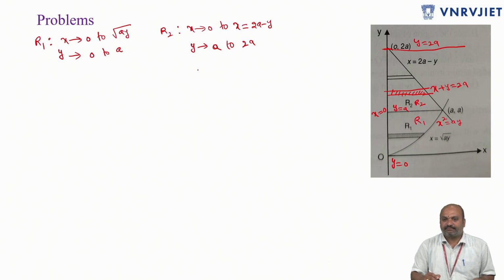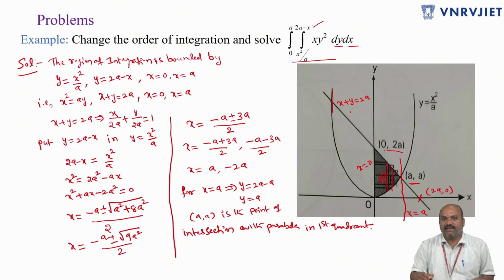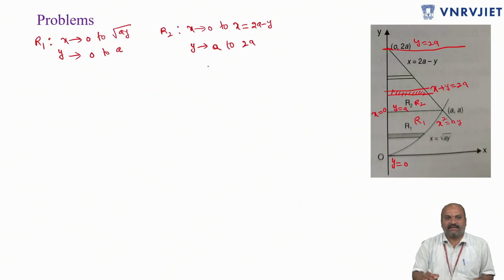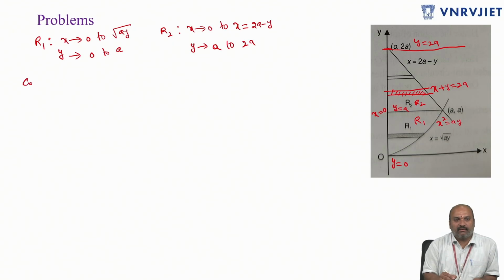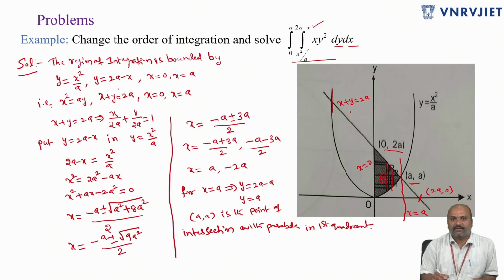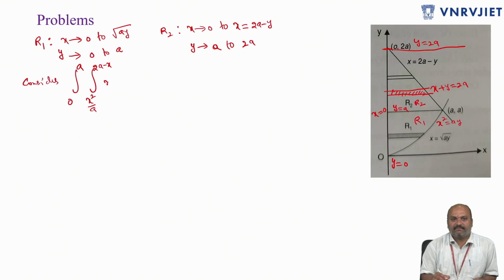Let's evaluate the integral in region 1 and region 2 separately. See, what is the given integral? Let's rewrite this once. Now consider the double integral from 0 to a, integral from x square divided by a to 2a minus x, of xy square dy dx.